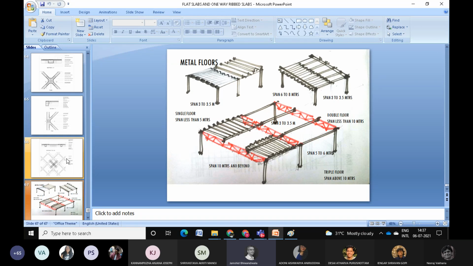If the spans are small, between 3 and 5 meters, we call them single floor, whereby the main rafters or members, because the span is small, can be lightweight, and they go in the shorter direction, just like a one-way slab, or you have what is called a roller deck sheet, a metal decking sheet that spans in the shorter direction and allows you to have long linear formats.